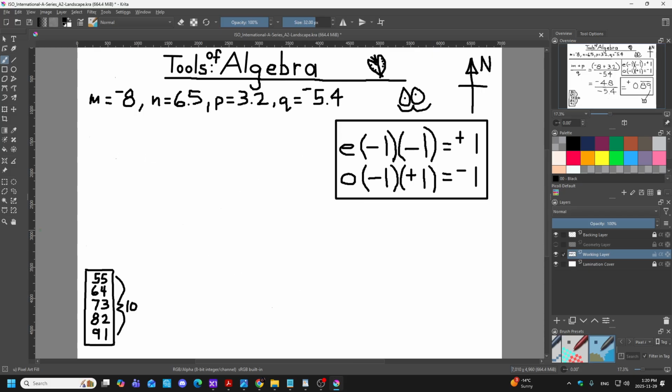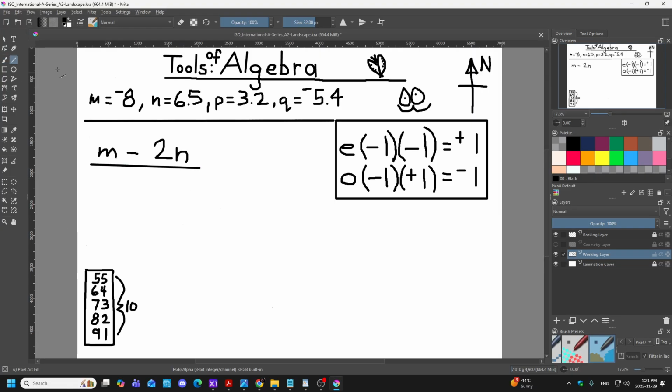Let's do another. M subtract 2n. All right. Looks kind of like an H. N. Close enough.